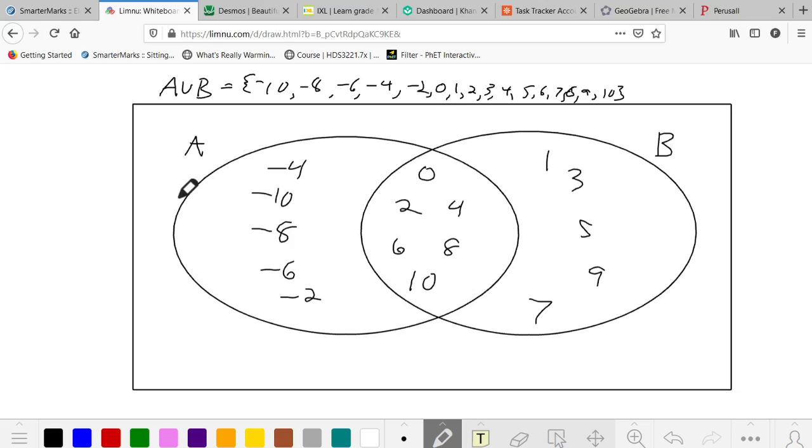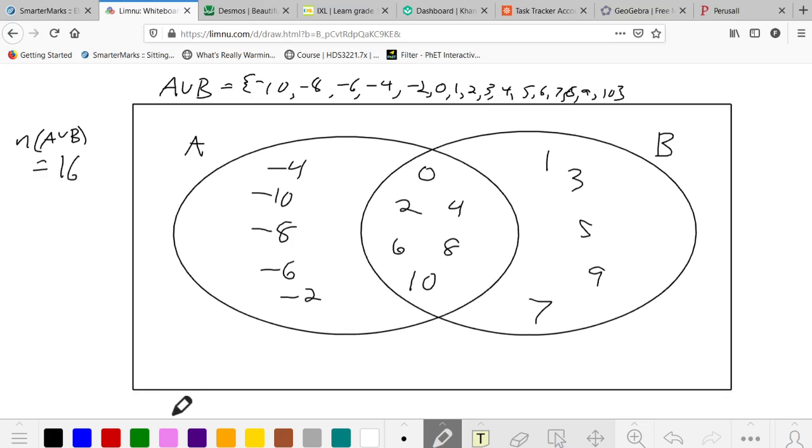Now the number of elements in A union B, so we have 11 in B. So there's 11 numbers from 0 to 10, plus 5 more, that would be 16.